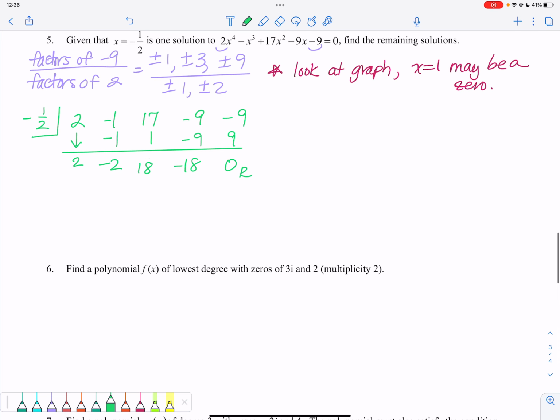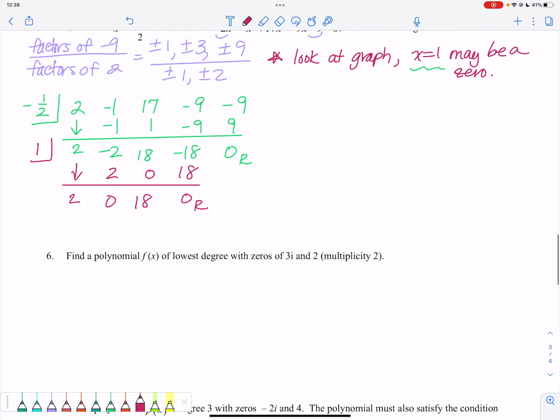Now, we said that x minus 1 may be a 0, x equal to 1. So let's go ahead and place 1 into the box. We call this a back-to-back synthetic division, and we have another 0 remainder.